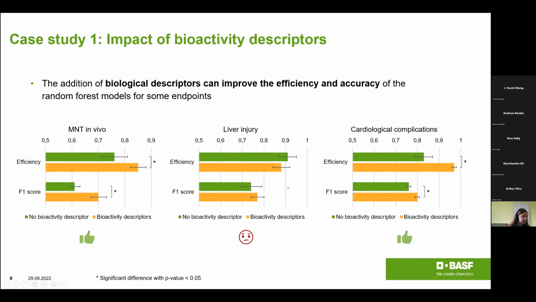But something that has to be put in favor of the model is that the data set comprises roughly 600 to 700 compounds. This is a super limited amount of compounds for such a complicated endpoint as liver injury. We haven't looked into it fully, but we hypothesized that it's due to the quite low amount of data compared to the very complex endpoint that we couldn't achieve a much better performance.